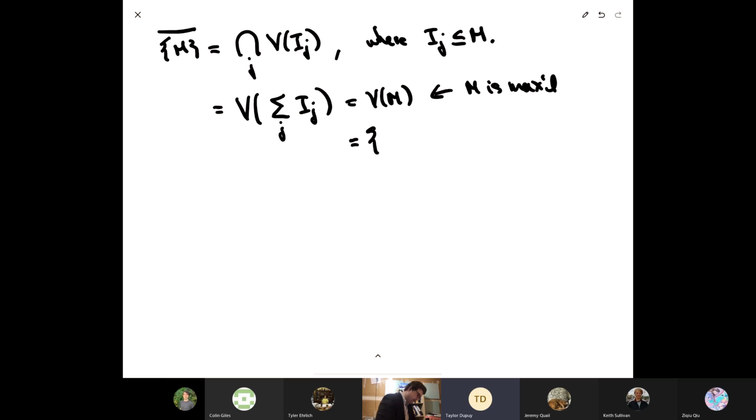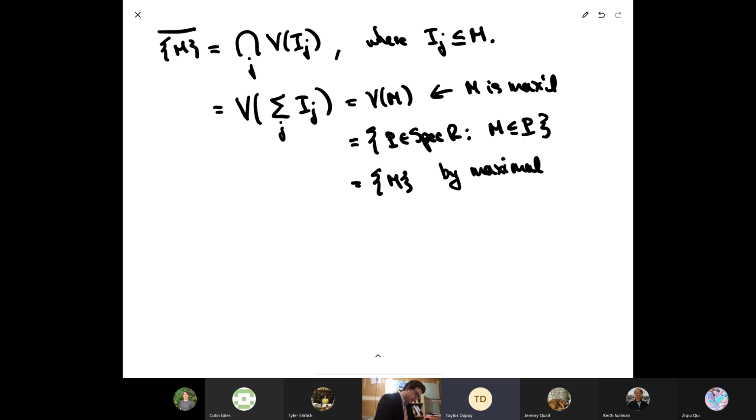Right, and what is this thing? This is the set of P's in Spec R such that M contains P, or M is contained in P, right? But by maximality again, this is M. And remember, we exclude the whole ring in Spec R. The whole ring is not an interesting ideal for us.